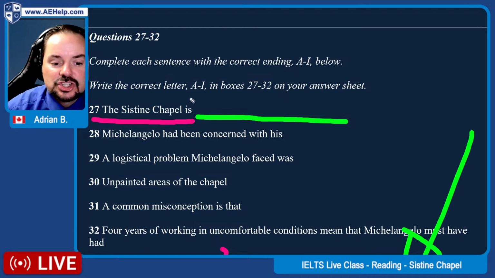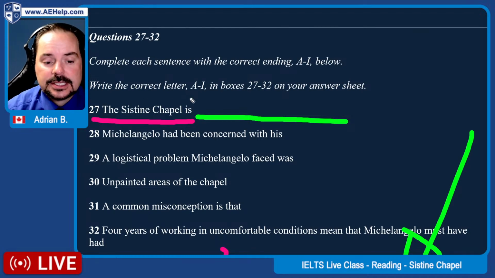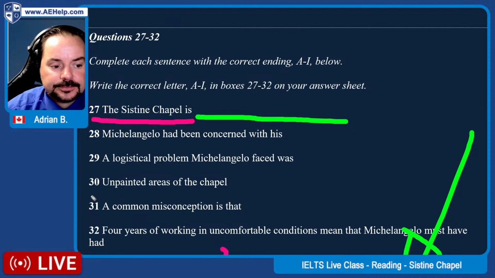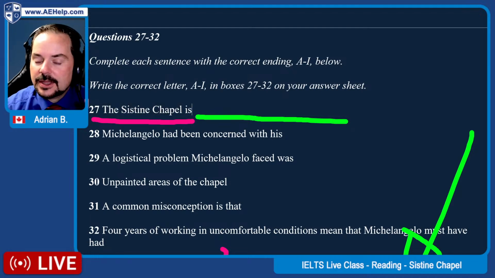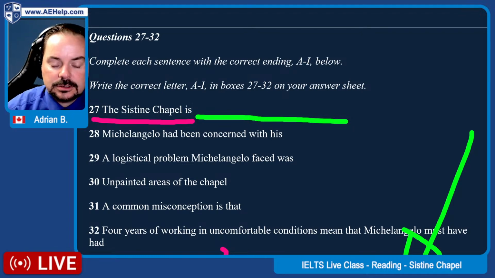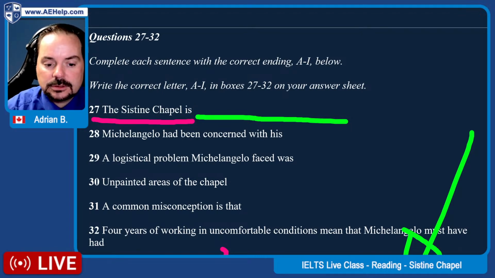So the Sistine Chapel is, what is the Sistine Chapel, Fuang? It is a complex and religious piece of art on the ceiling, sir. That's the painting of the Sistine Chapel. But what is the Sistine Chapel? It's a piece of paintings of Michelangelo.